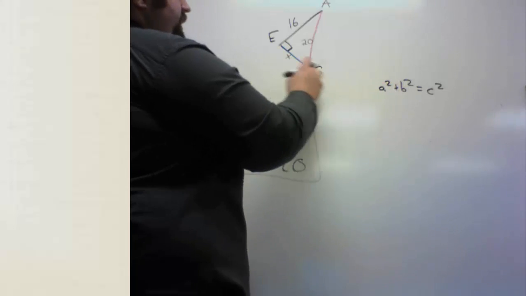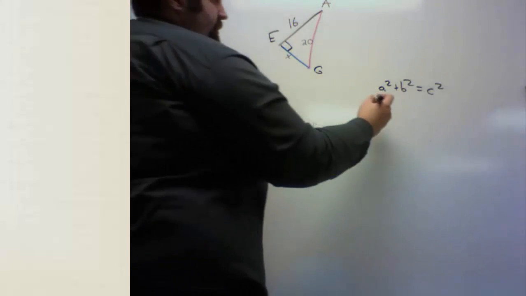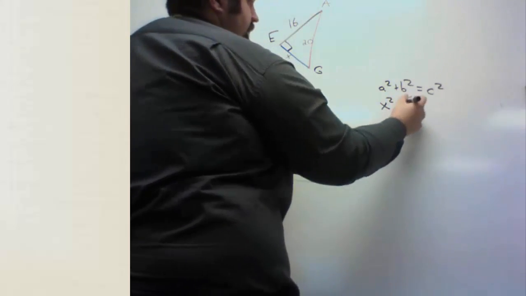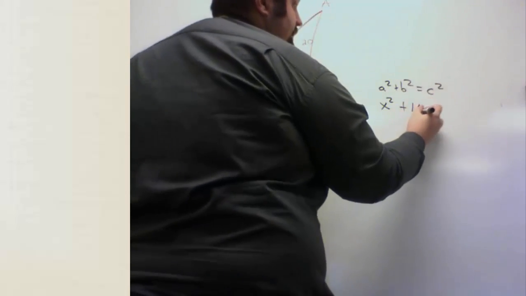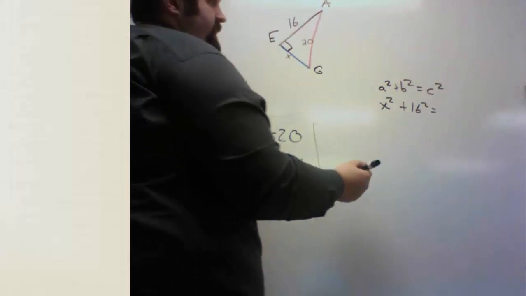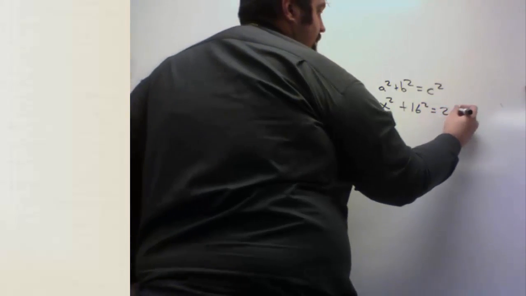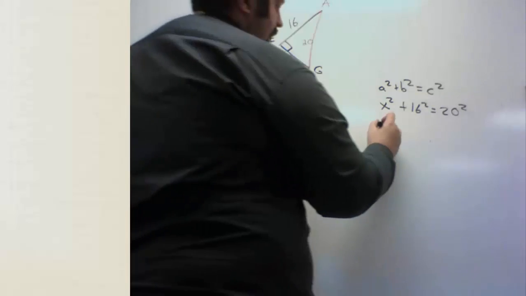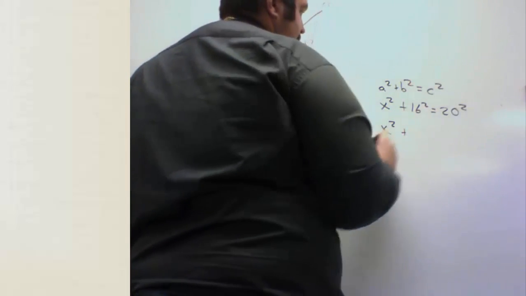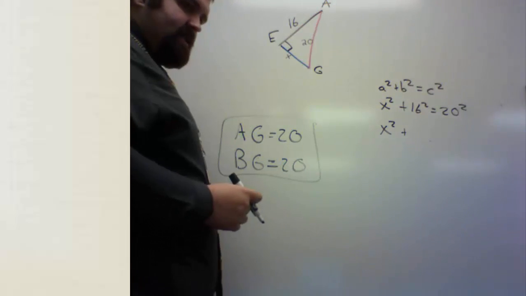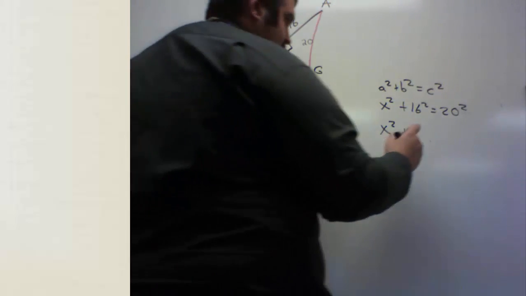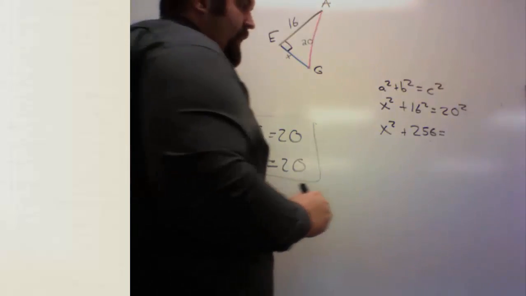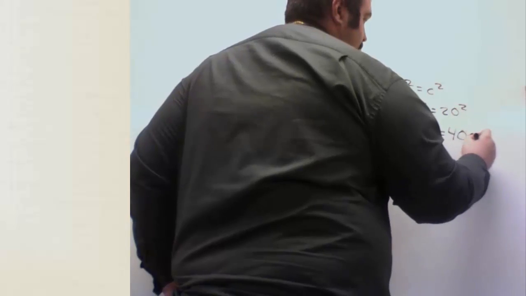A and B are the legs of a right triangle, so A could be x, and B could be 16, and C has to be the hypotenuse, in this case 20. At this point, it's just as simple as solving for x. x squared is x squared, 16 squared is 16 times 16, 256 if I remember correctly, and 20 squared is 20 times 20, or 400.